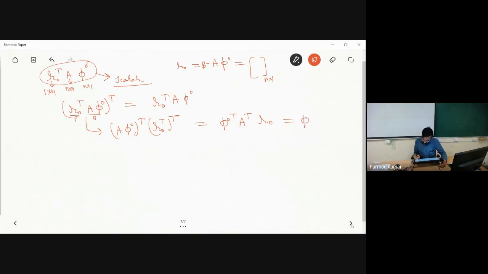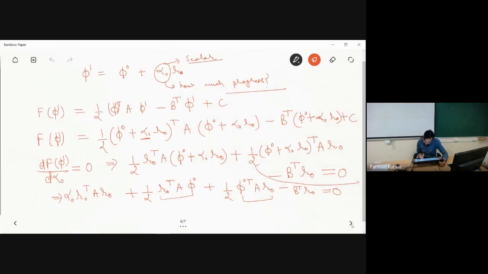So I can simply write it as phi naught transpose A into r naught. So this phi naught transpose A into r naught, I can simply replace with r naught transpose A phi naught. Is it correct?